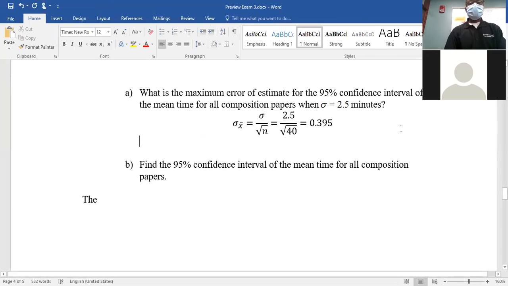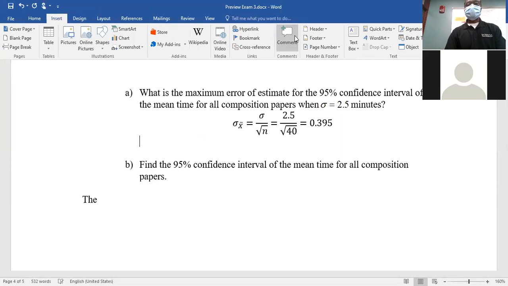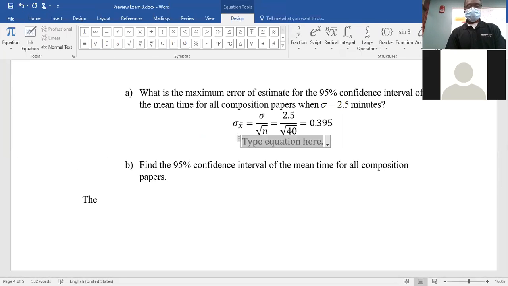So we will have E equals Z alpha over 2. Z alpha over 2 for 95% is 1.96 times 0.395, so multiply that by 0.395.